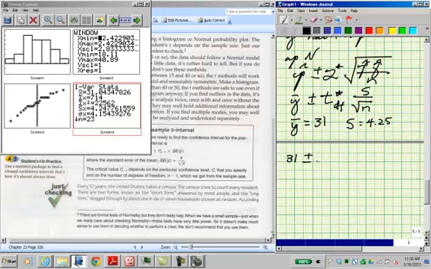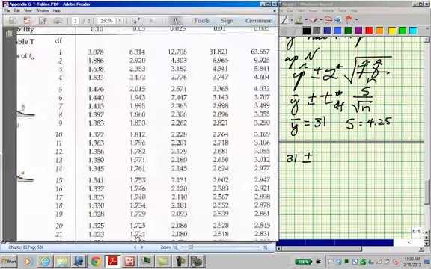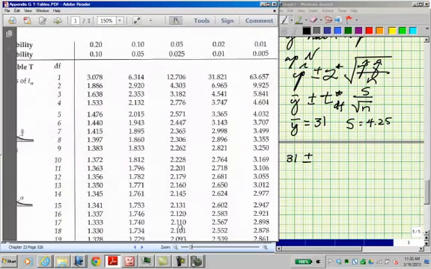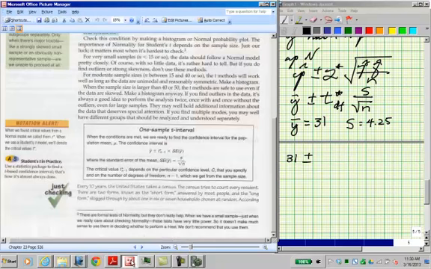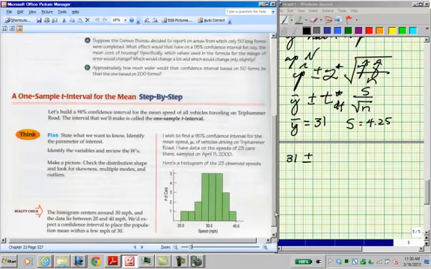Now, let's get t star df from the chart, just so you know how to do this. Let's see what was the confidence level we wanted? 90. We're going to make a 90% confidence level.